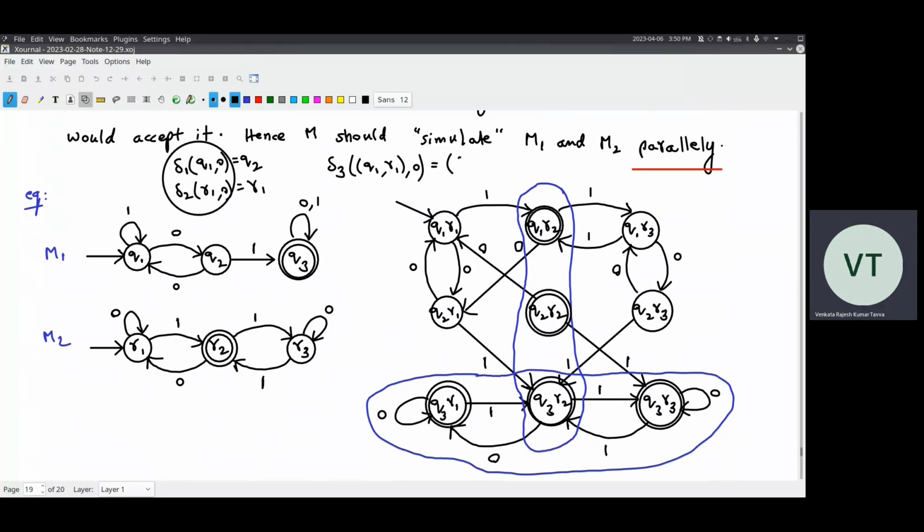So in this ordered pair, first one is delta 1 Q1 0, and the second one is delta 2 R1 0. Okay, so that's what we are writing.